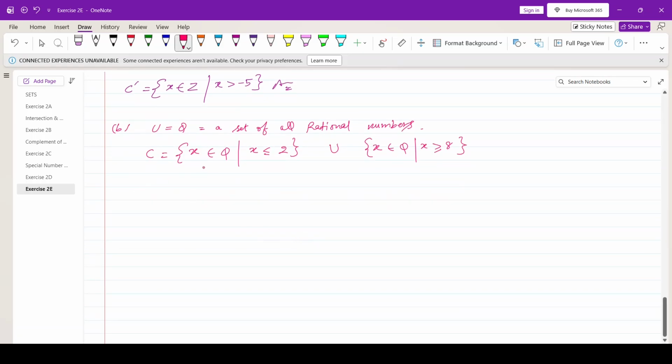Now, can we say complement of C will be everything which is not C? So C is all rational numbers less than or equal to 2 and all rational numbers greater than or equal to 8. So C complement will be all rational numbers between 2 and 8. This is our answer.